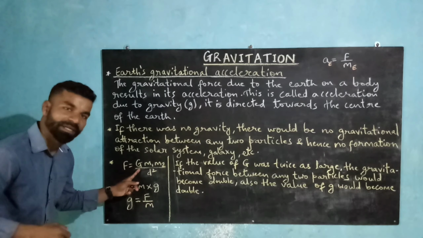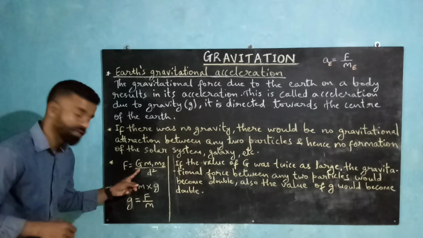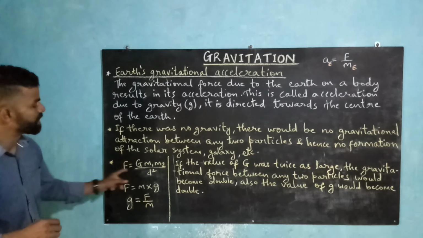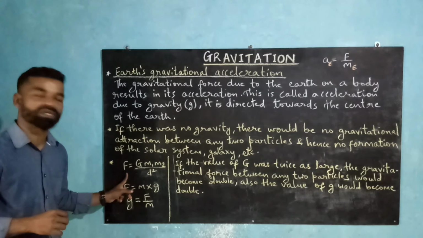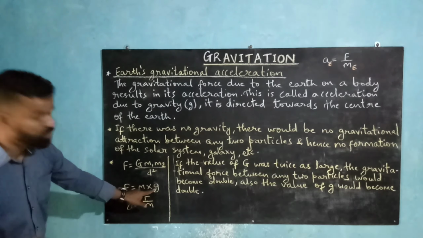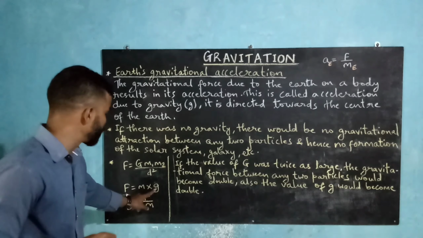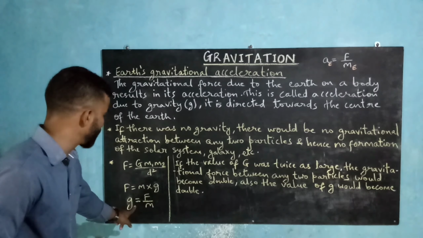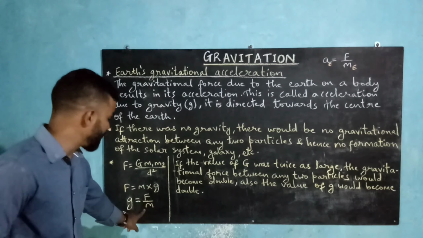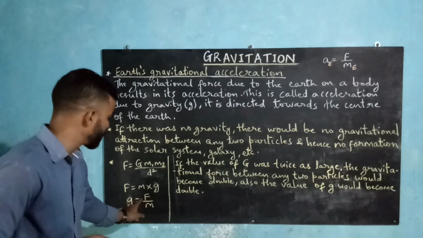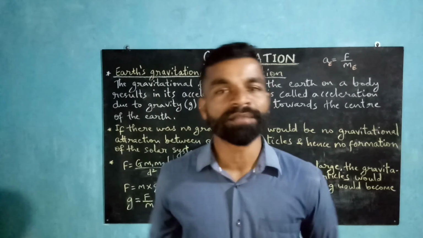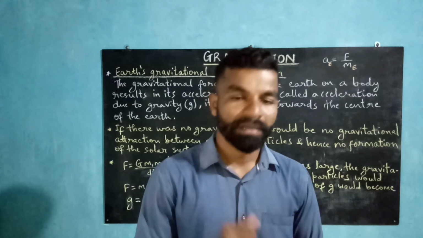If this capital G is made 2G, then definitely the force gets doubled. The gravitational force gets doubled, and because of that, the small g is also double, because small g is gravitational force divided by mass. So here it will be 2 times F, so it will be twice the value for acceleration due to gravity.